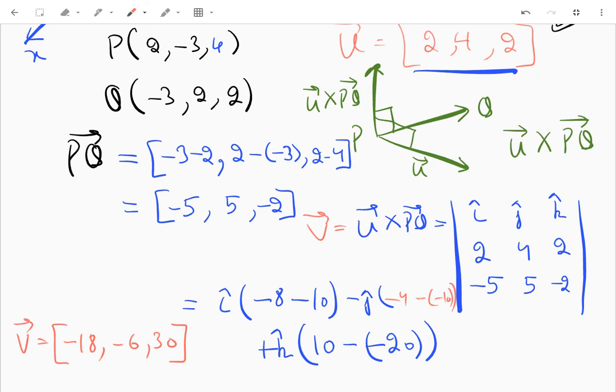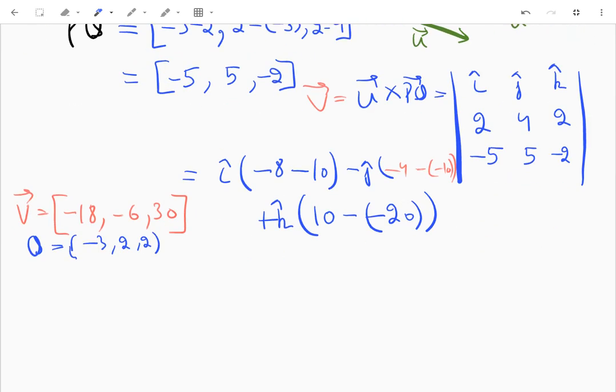And now I'll write the point here. You can take any one of these points. Let's take Q, so my point Q, I'm writing it here. It is negative 3, 2, and 2. So this is my point. And now I will find the equation, which is a1x plus a2y plus a3z equals b.